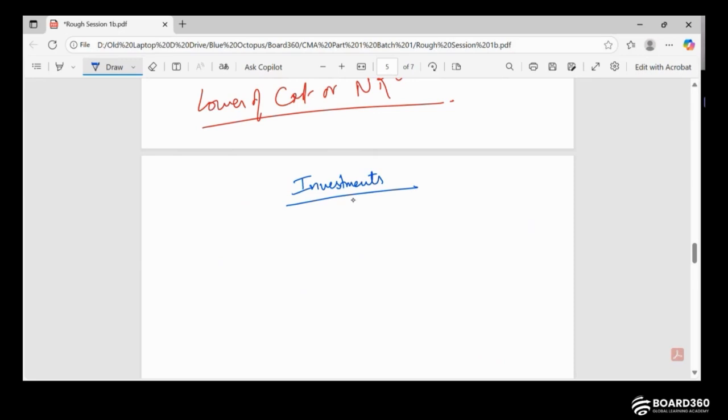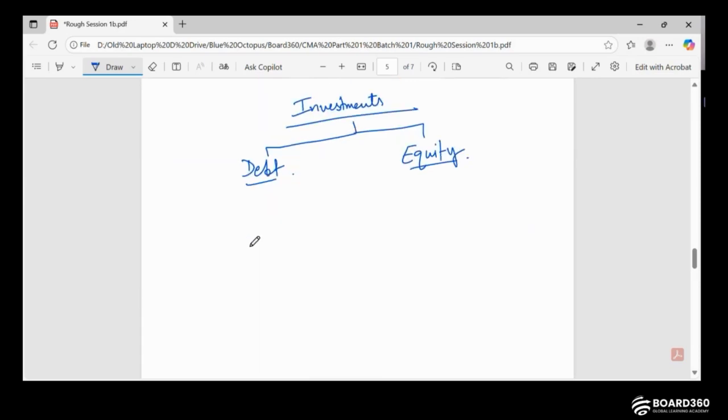Investments can be made by the company in debt or in equity, like in other entities, right? If we talk about investment in debt, debt generally means bonds or securities.